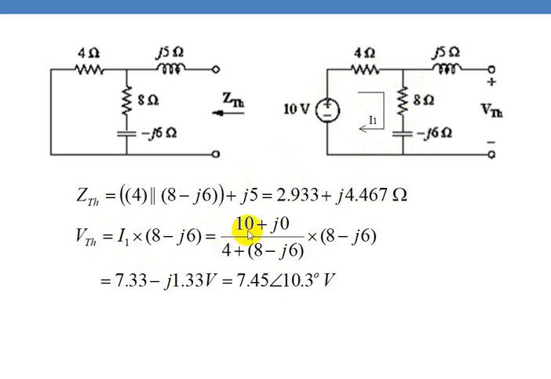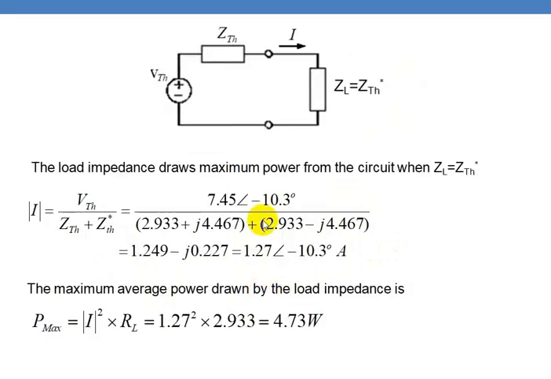So I1 is (10 plus j0) divided by (4 plus 8 minus j6), multiplied by (8 minus j6). This comes to be around 7.33 minus j1.33, which is equal to 7.45 at an angle of minus 10.3 degrees volts. So this is how you find VTH and ZTH to find the maximum power.